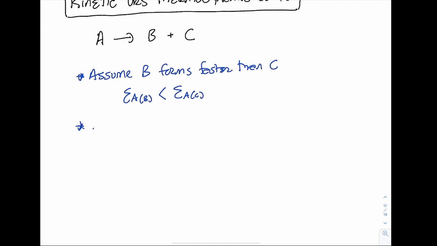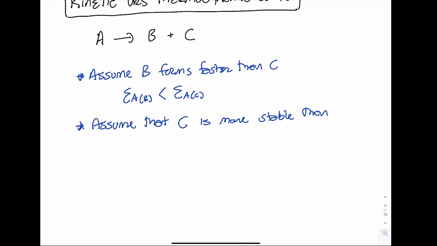And then we're going to assume that C is more stable than B. So C has a lower energy. Remember, the lower in energy it is, the more stable it is. So one forms faster, but the other one is more stable.